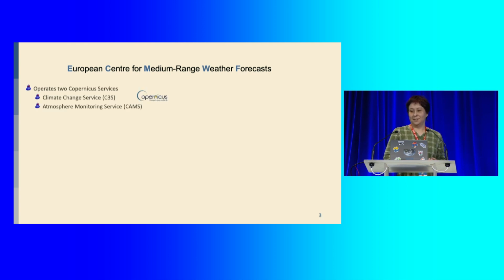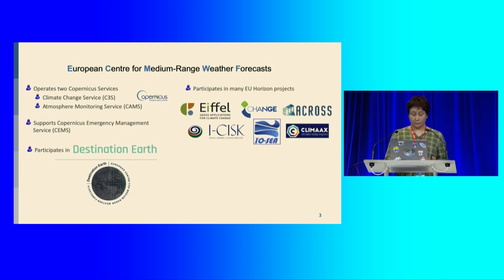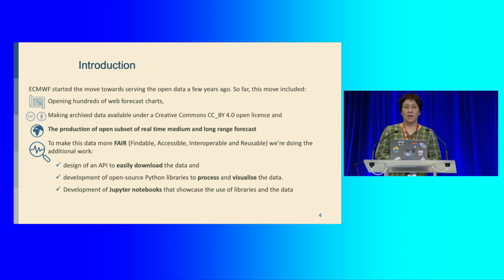We run the two Copernicus services, and we support the Copernicus Emergency Management Service. Together with EUMETSAT and ESA, since a year ago, we run the Destination Earth project, which builds digital twins of the Earth. We also participate in many European Commission-funded Horizon projects. I work on one of them, and here are some nice logos for you.